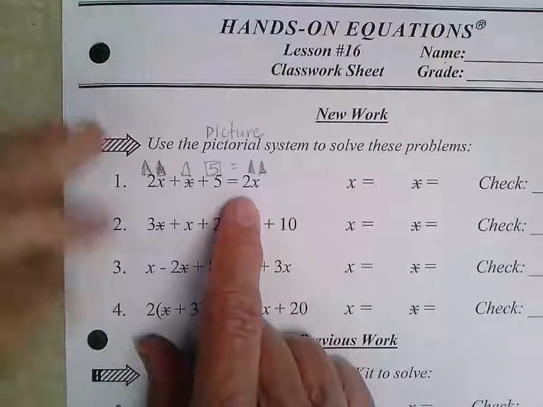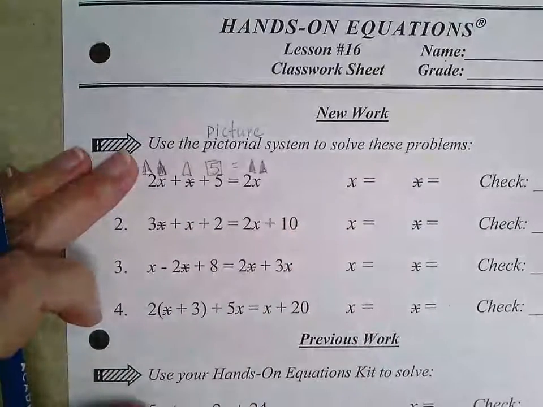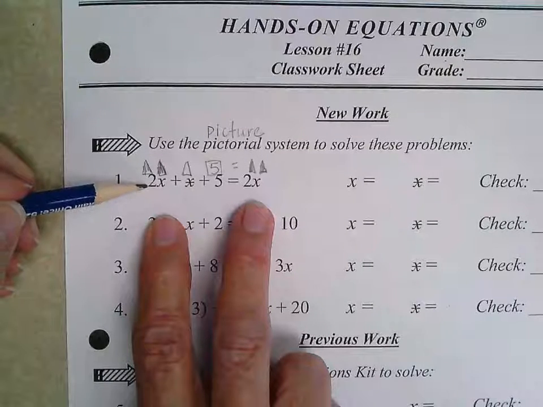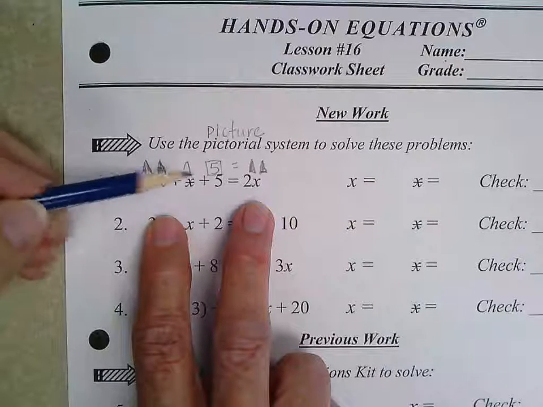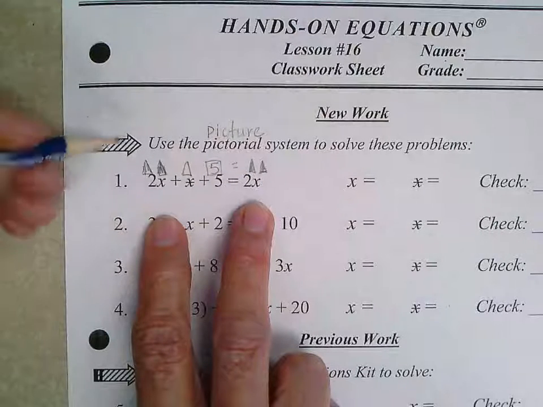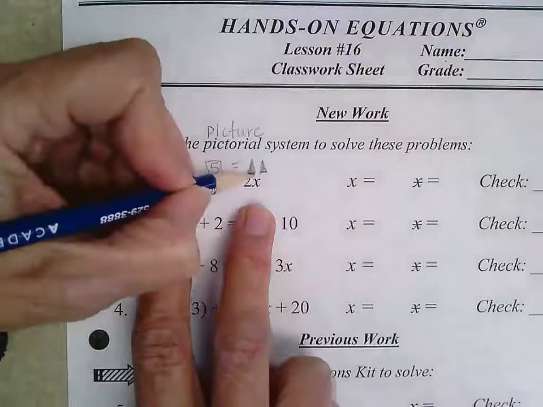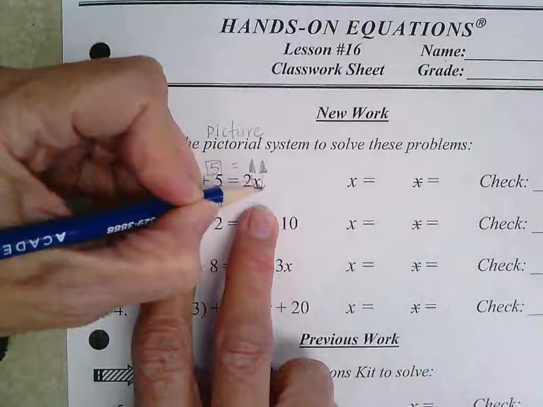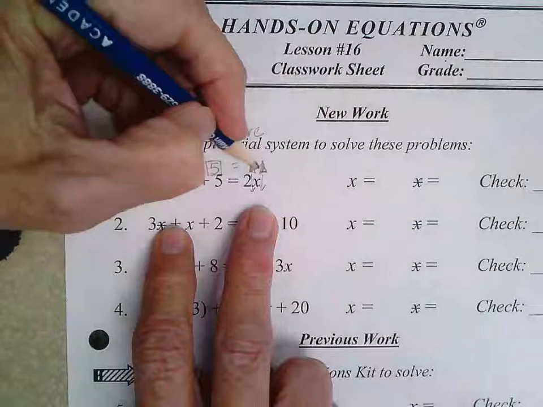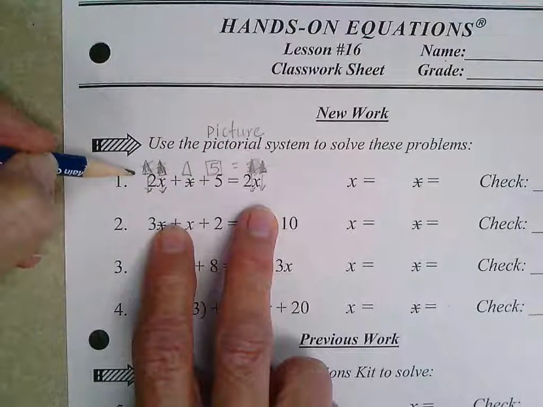So remember, in algebra, whatever we do on one side we can do on the other, and when we are using pawns and we set it up this way, I can see that I can pull this pawn down and this pawn down, and I can pull this pawn down and this pawn down, and then I would be left with no blue pawns or no X's on either side.